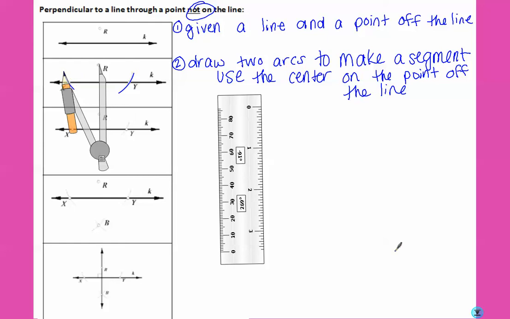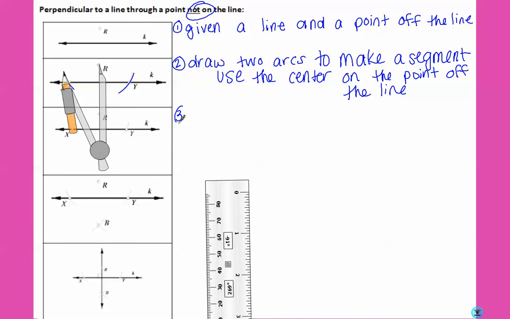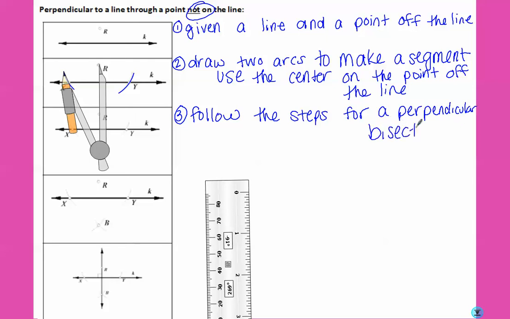Then, once again, I'm going to follow the steps for a perpendicular bisector or a segment bisector. So I'm going to put my point on one of the endpoints. Actually, I'll move it down here where we have more space.